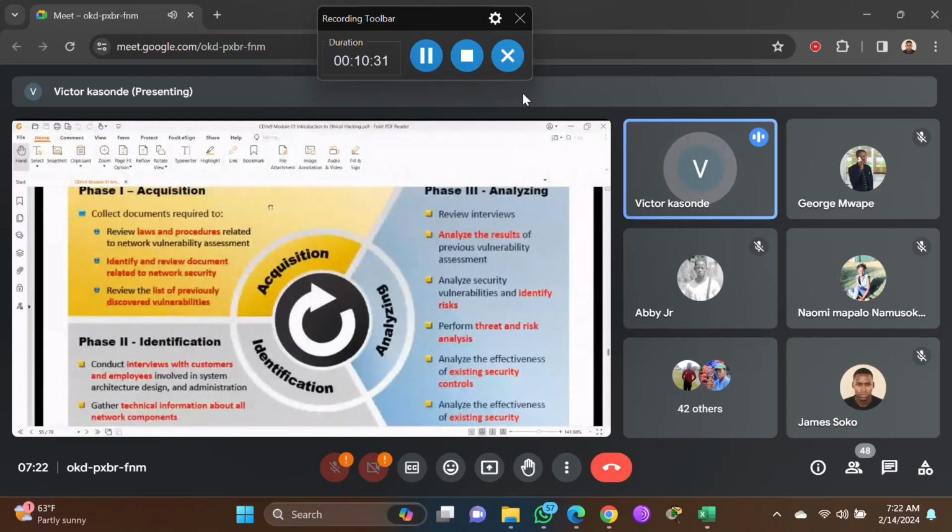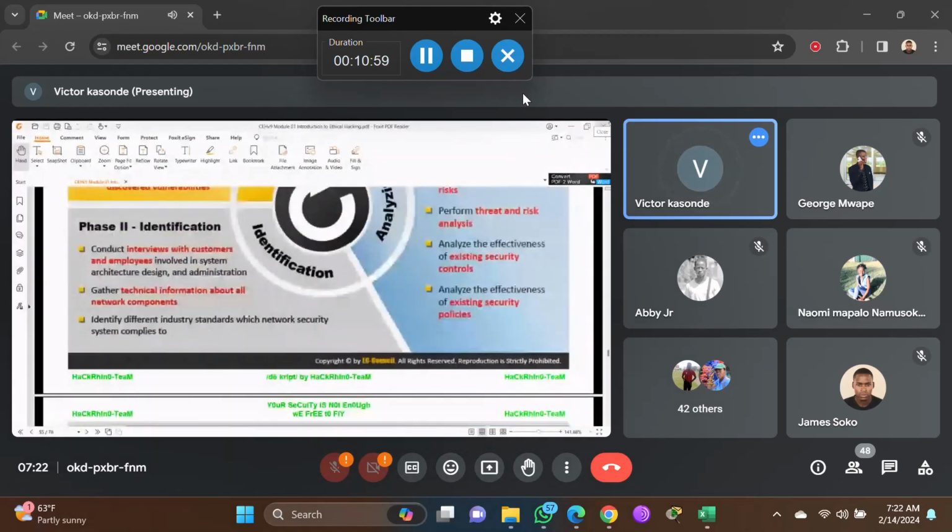As you can see in this diagram, after acquisition, what are you acquiring? The documents, the procedures, the assessment documents related to networks and security. Then you identify, meaning you conduct the interview, gather technical information, and thereafter you analyze it.